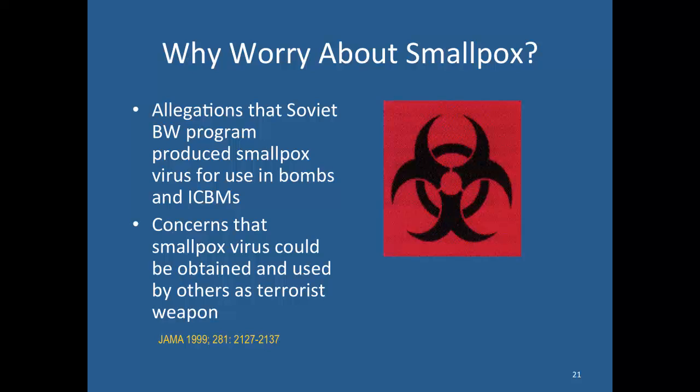Having said that, even if they decide to destroy it, the genetic sequence is known. It's published. By today's technological ability, you can actually clone from scratch, fusing all the DNA sequences. You can fuse the entire genome together to make smallpox again. In reality, it's very difficult to do that.